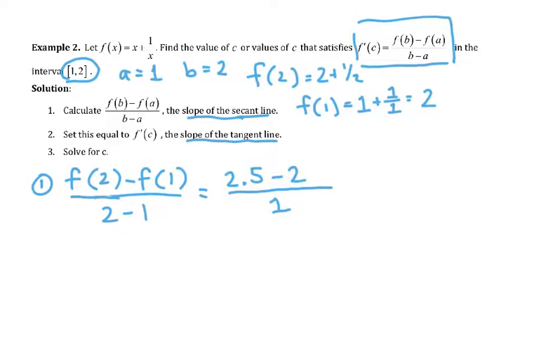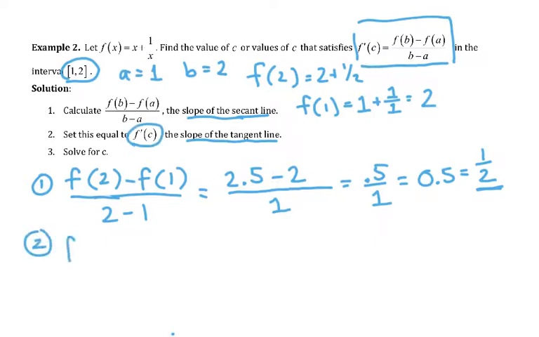So, what does the slope of the secant line look like? It's 0.5 over 1, which is 0.5, or if you prefer, like which I do in this case, 1/2. So that's the slope of my secant line. Now we need to set that equal to the slope of the tangent line. So to do that, we first need the derivative.